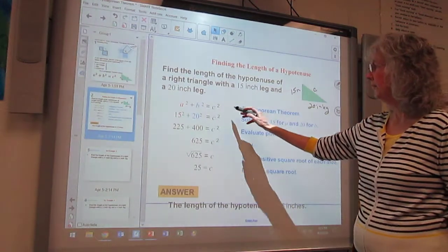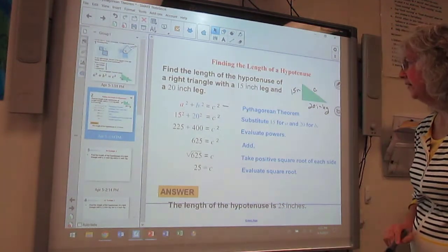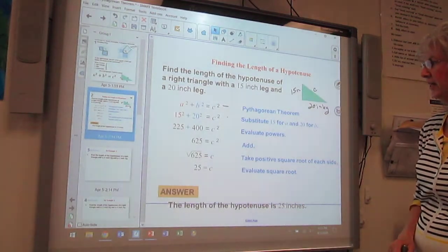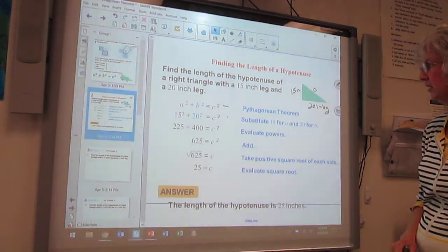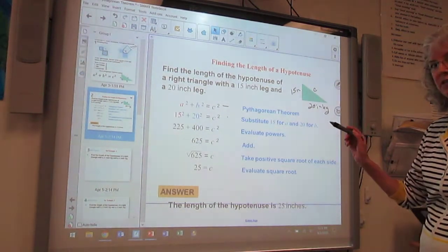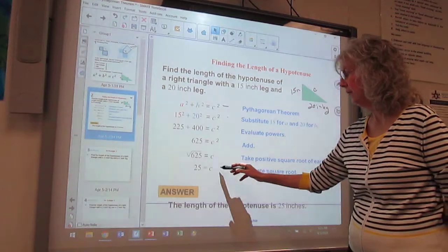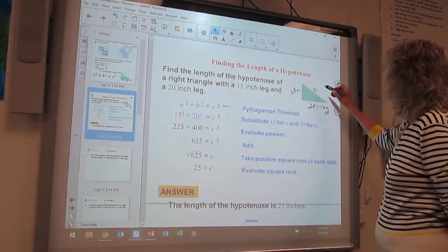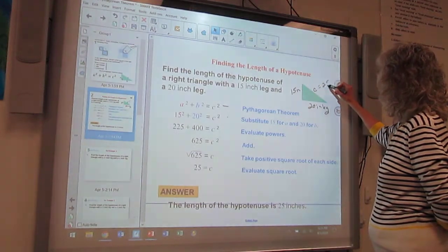We're going to start with the theorem. Please put your formula down, use direct substitution, and put the values in. We evaluate that. We get 225 plus 400 equals c squared. C squared equals 625. We take the square root of both sides, and we come down to a c of 25. And that's going to be inches.